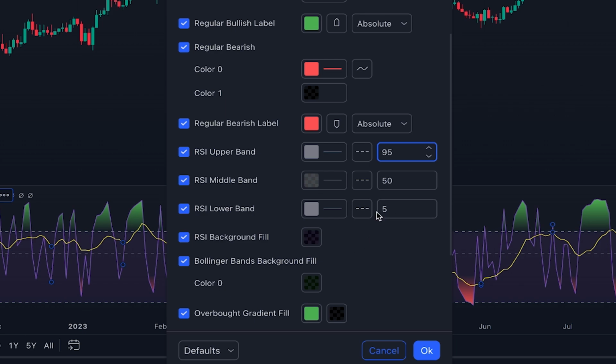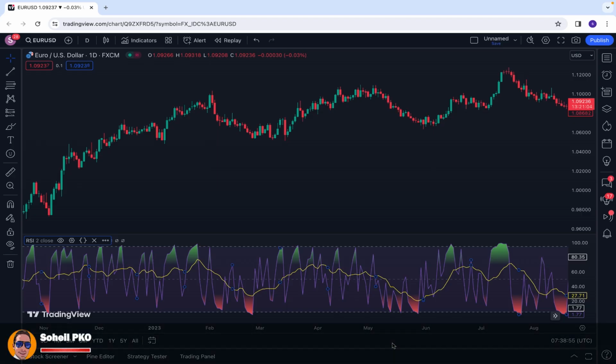For example, for some staple assets like some stocks, the RSI may rarely reach 5 or 95, so settings of 10 and 90 would be a better choice. But for more volatile markets like Forex or crypto, 5 and 95 would be a better choice, since RSI can easily reach these extreme levels because of the higher volatility.